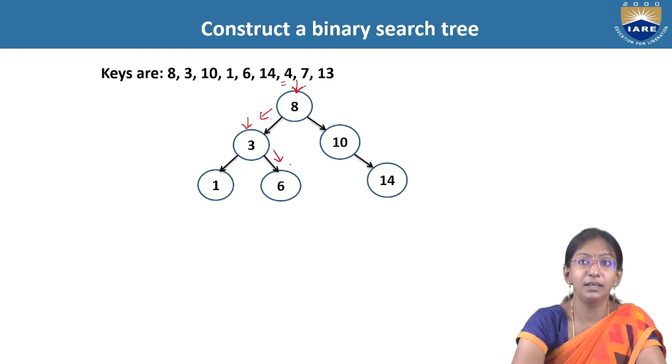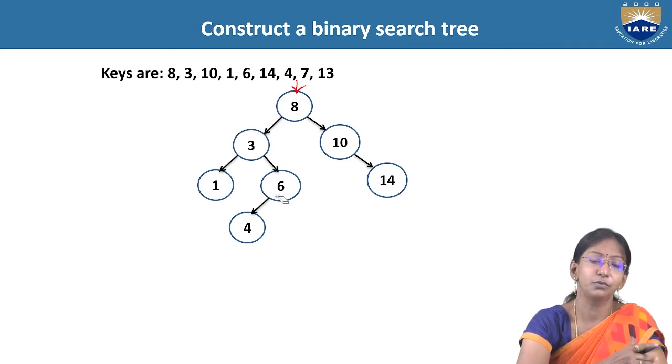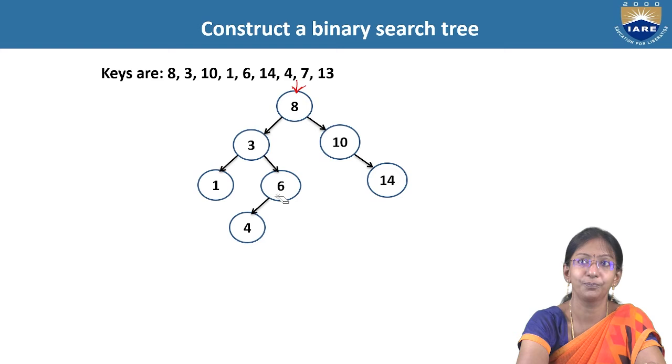An element is already present, which is 6. Compare 4 with 6. 4 is less than 6. That means it is definitely going to sit on the left hand side of 6. Do you have any element on the left hand side of 6 to compare? As we do not have, introduce it as the left child of 6. Right? So the new leaf that comes into the picture is 4.